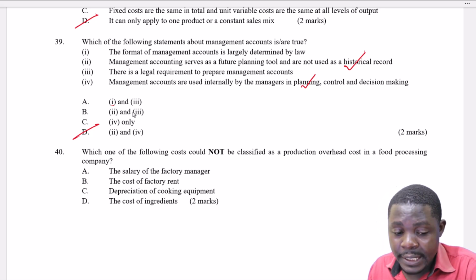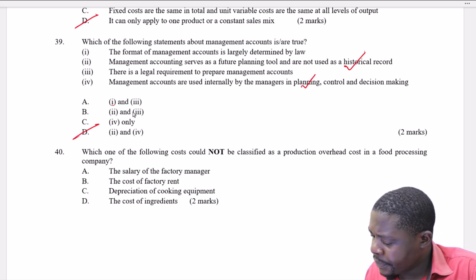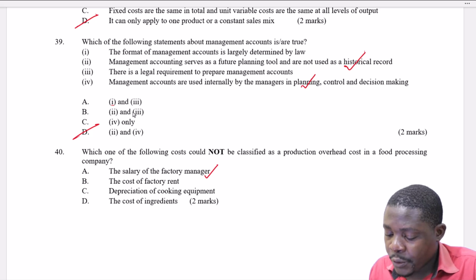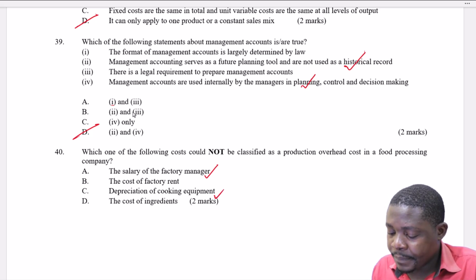Then lastly, which of the following costs could not be classified as production overhead costs in food processing? We talk of salaries of the factory manager, the cost of factory rent, the cost of depreciation of cooking equipment, and then the cost of ingredients.